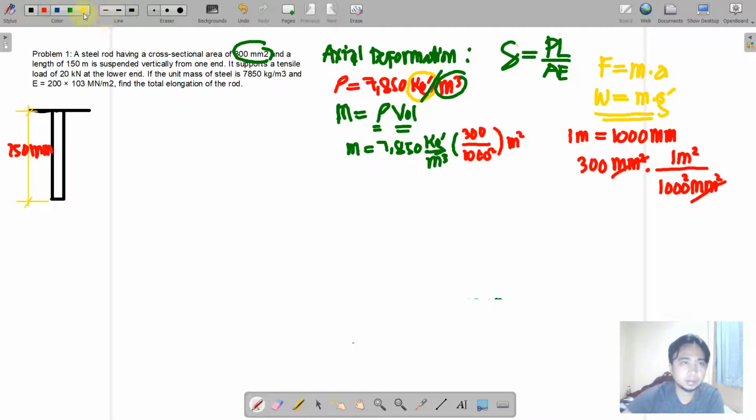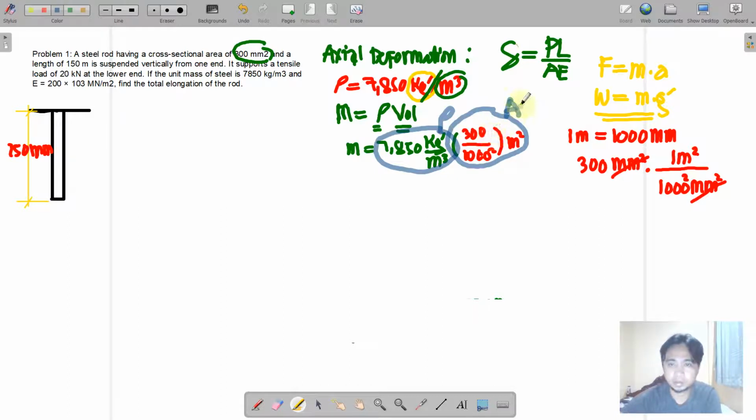This is the area. This is the density. We still need to multiply this by the length in order to come up with the volume, since volume is equal to area times length. This is basic.